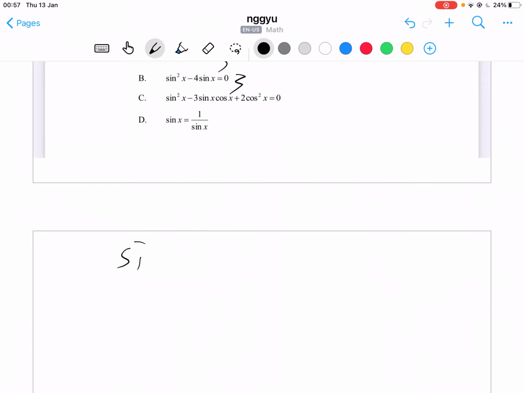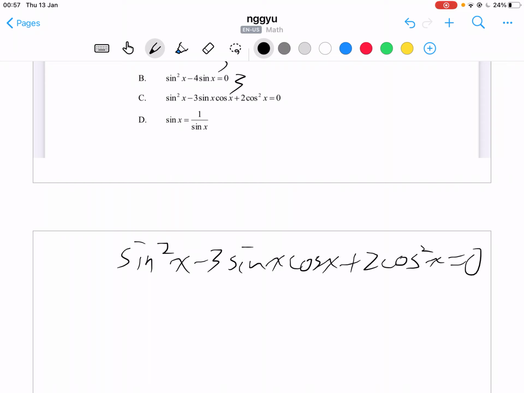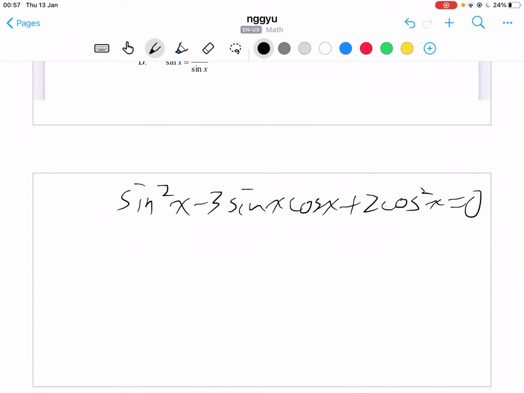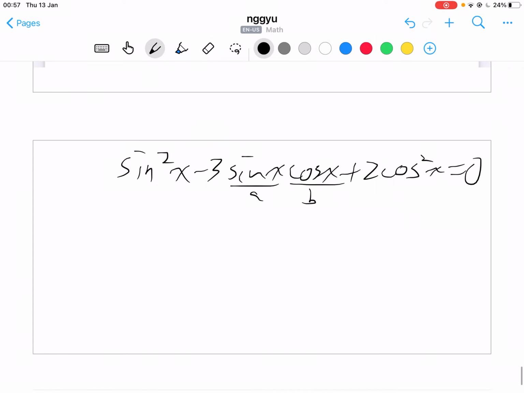Option C, sine squared x minus 3 sine x cosine x plus 2 cosine squared x is equal to 0. Okay, we can make sine x into a and cosine x into b.